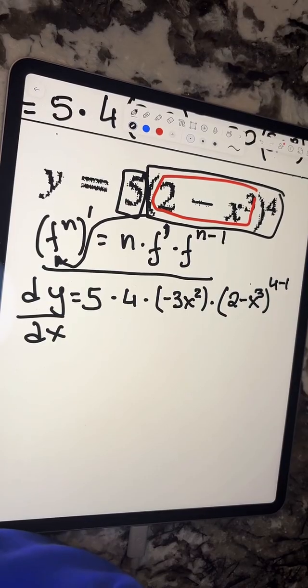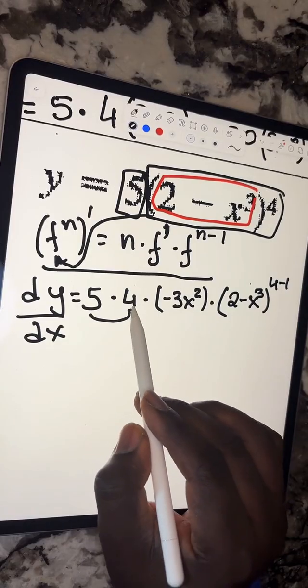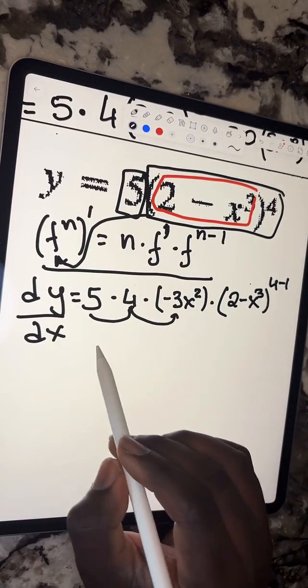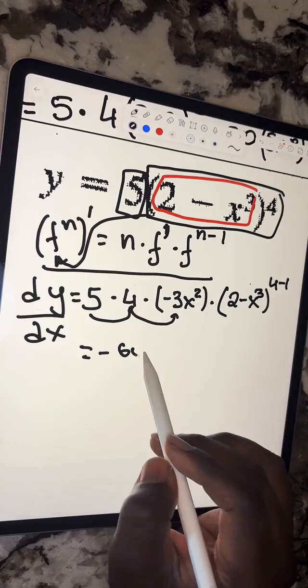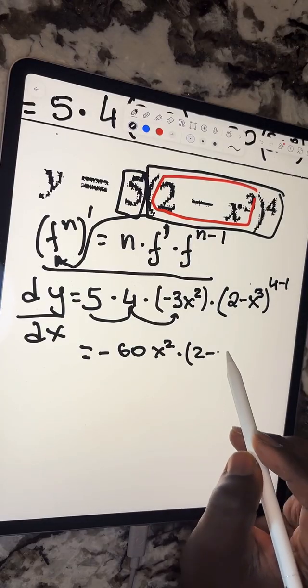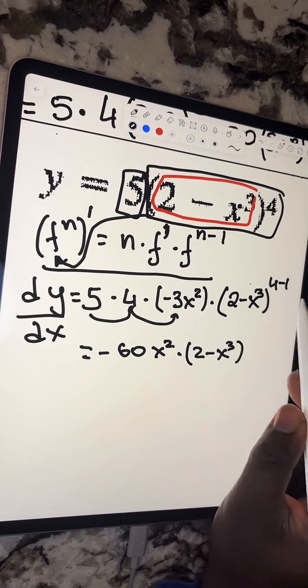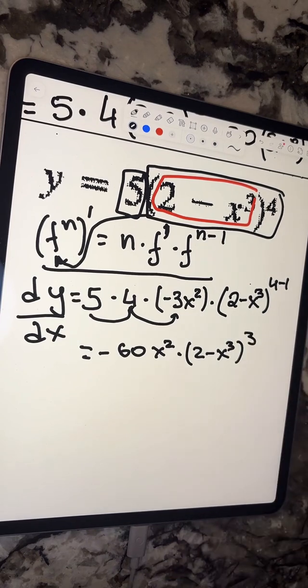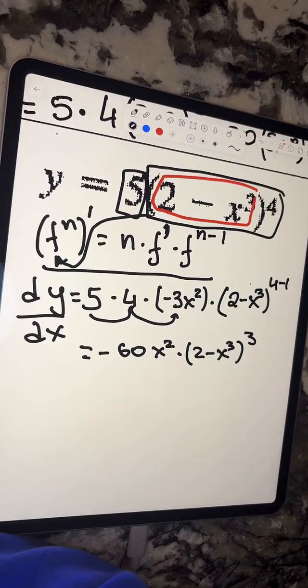All right, so now it's just a matter of combining the like terms. 5 times 4, that's 20. 20 times negative 3, that's negative 60. x squared times 2 minus x cubed to the power of 4 minus 1, that's 3. Boom. Does that make sense, guys?